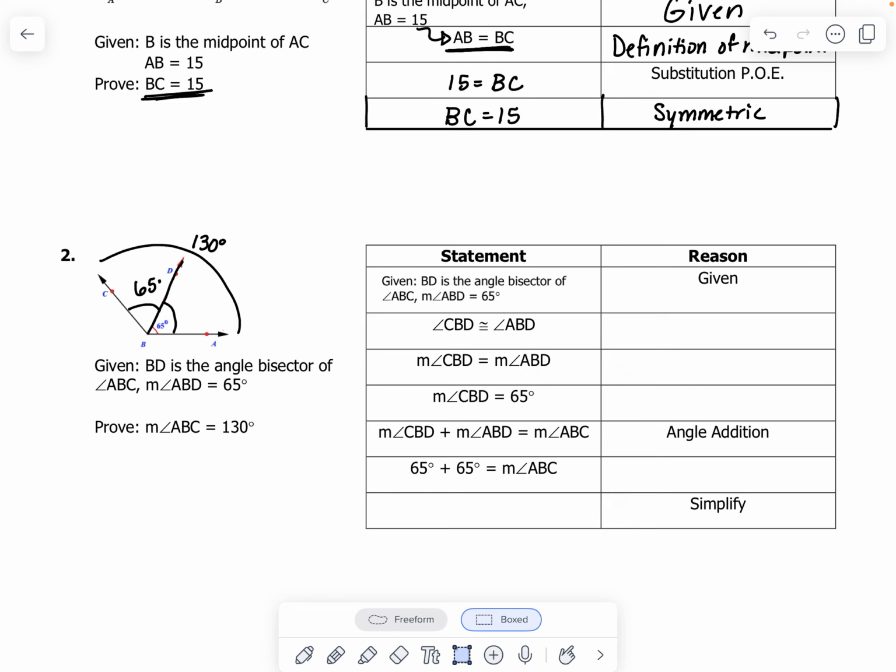How do we know that? How do we know that this one was congruent to this one? We knew that because of that word, that exact word. So we're going to write the definition of angle bisector.